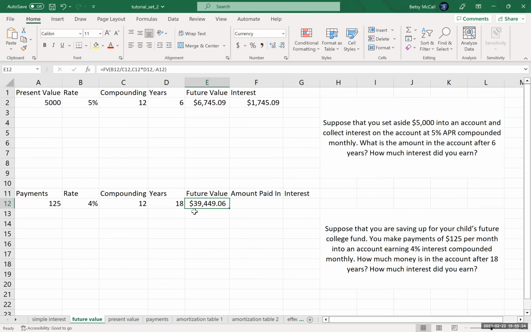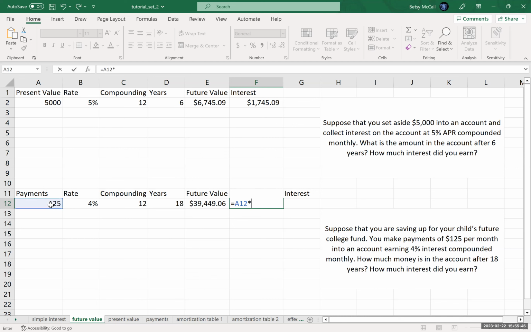And so what we found is that the future value of our account is $39,449.06. And the amount paid in is something we have to calculate if we want to figure out how much interest we've earned, how much of our own money did we put in? Well, that's going to be the amount of the payments times the number of payments that we've made.